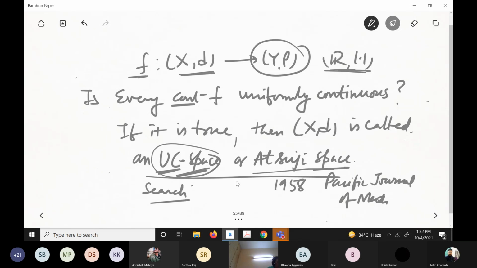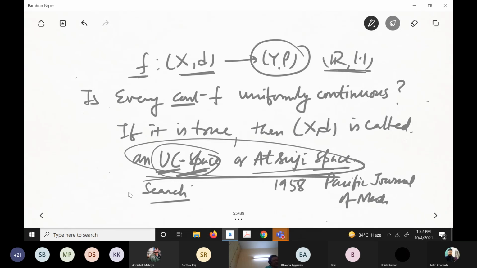So this is all part of analysis on metric spaces. If you search on the net for UC space or Atsuji space, you'll be surprised to see which people did what. It's an interesting question.